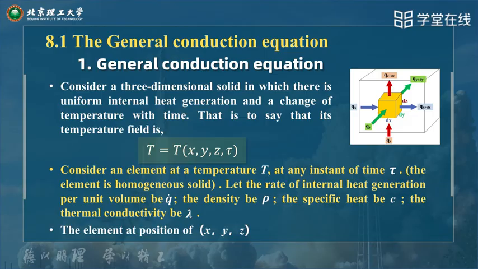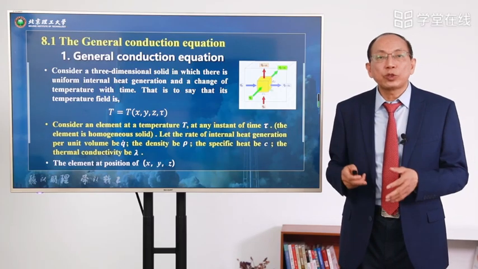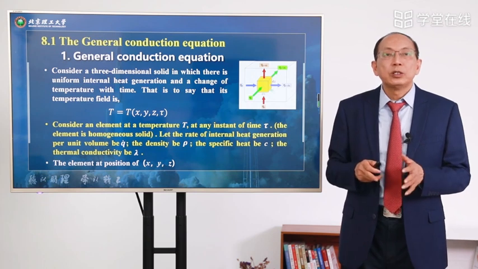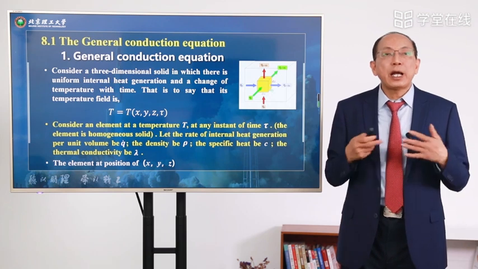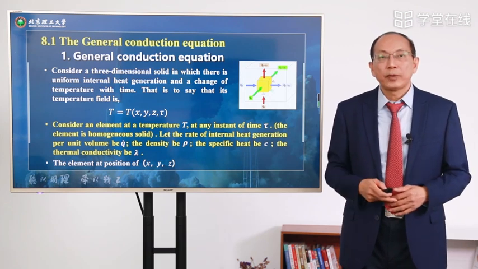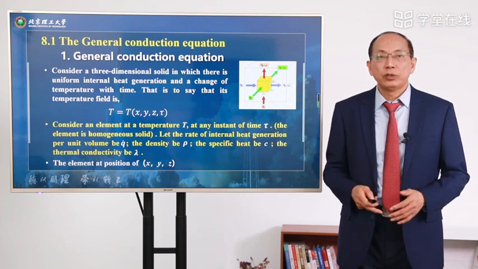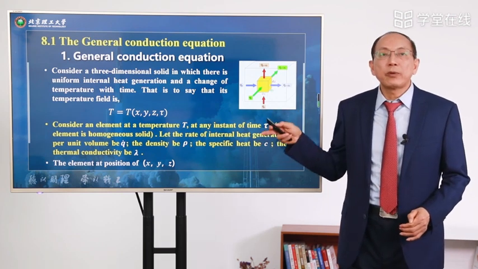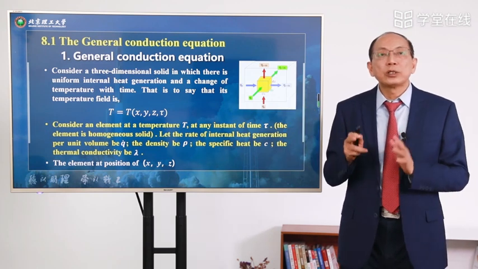Tau is time. So, for the general conduction equation, we just want to build an equation to calculate the temperature field, because we have learned the basic heat transfer. So we directly go into the general conduction equation.